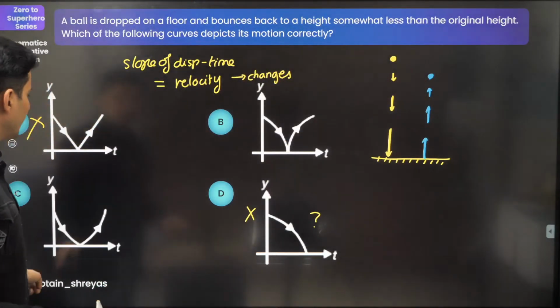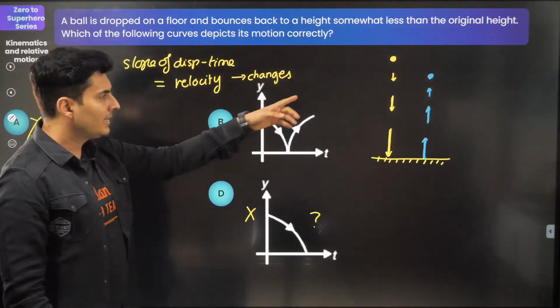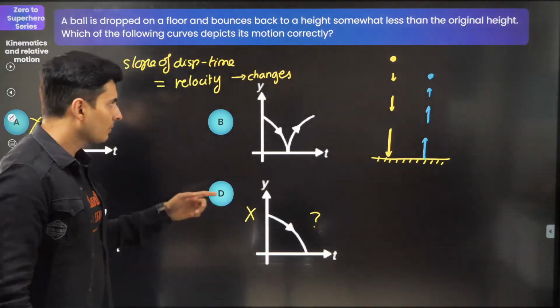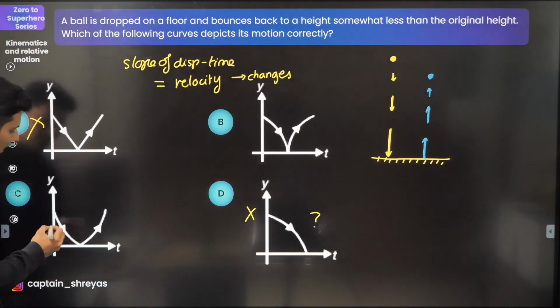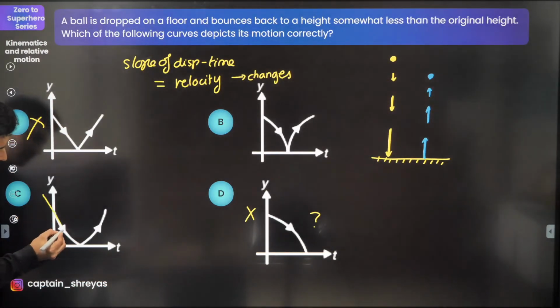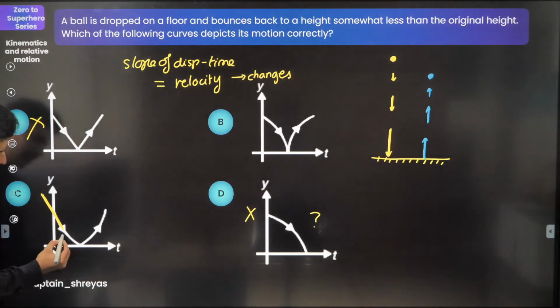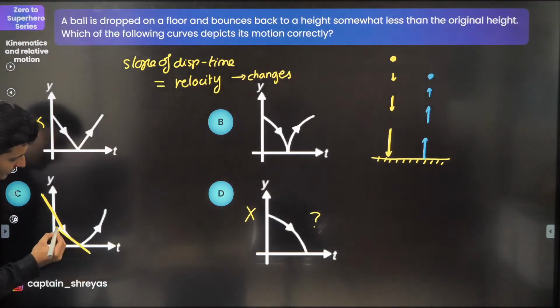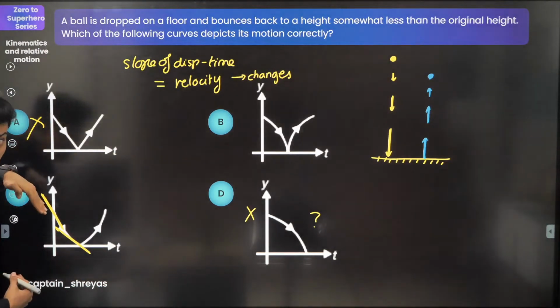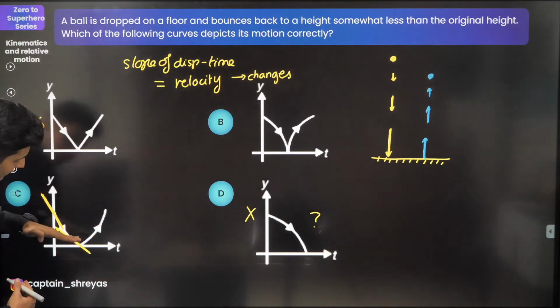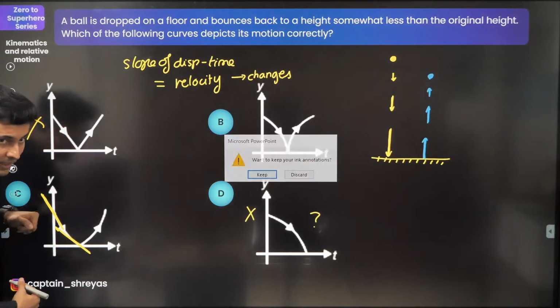Now out of these two, how do I decide? Let's see the part where it is coming down. So let's check the slope. So let's draw a tangent here. And after some time, let me draw another tangent here. Here, first time, it is very steep, then less steep. But it is going down, so negative slope.